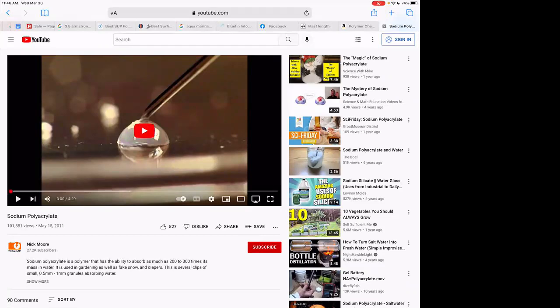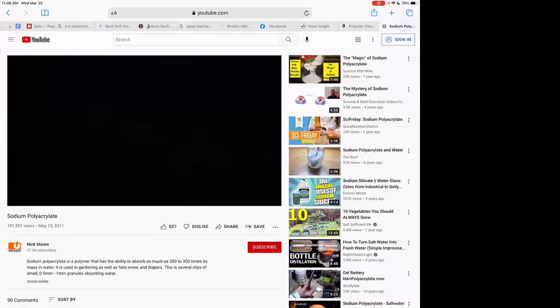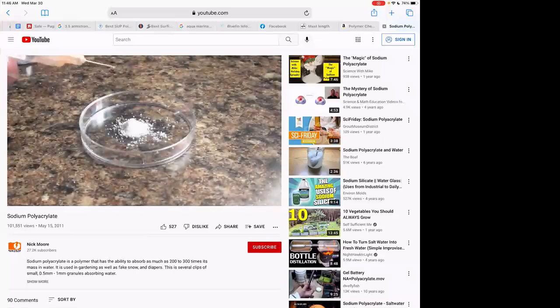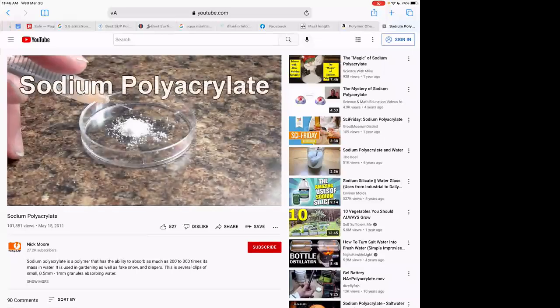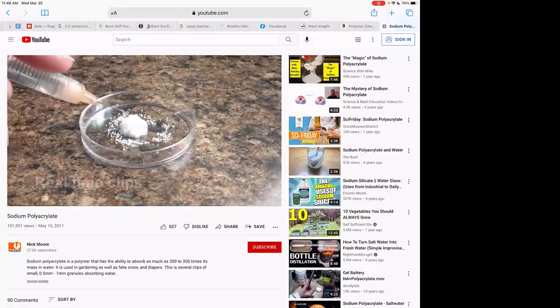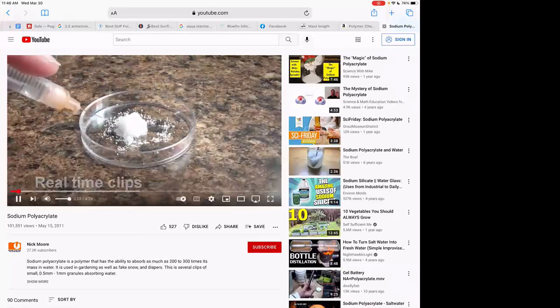See if this works. So that's sodium polyacrylate powder that's mostly dry. So if you've ever cracked open a diaper and there's little beads in there, or it looks like powder along with the cellulose, it's this stuff. And they're going to add water to it.